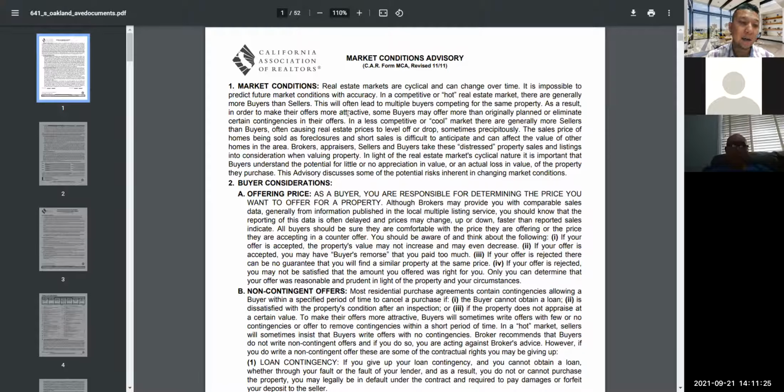Because there are differences in the condition of the property, there are also differences in the market conditions. And that could differ not only from one year to the next year, but also from the hot summer months to the cool winter time.